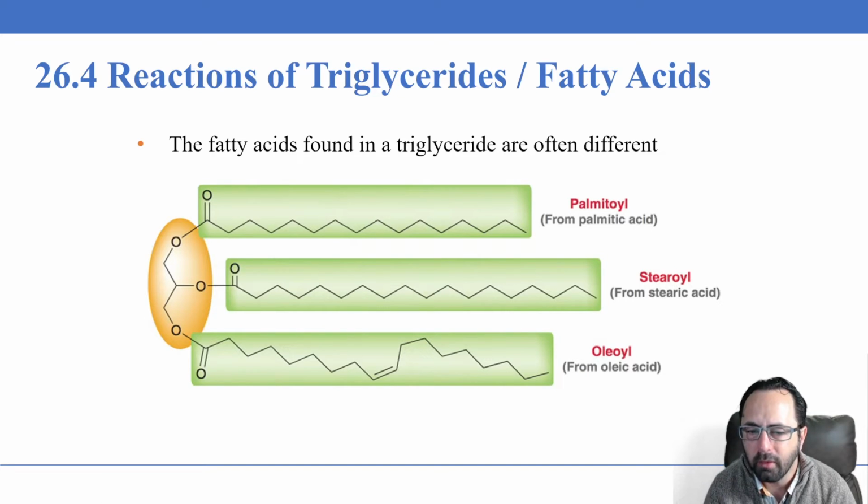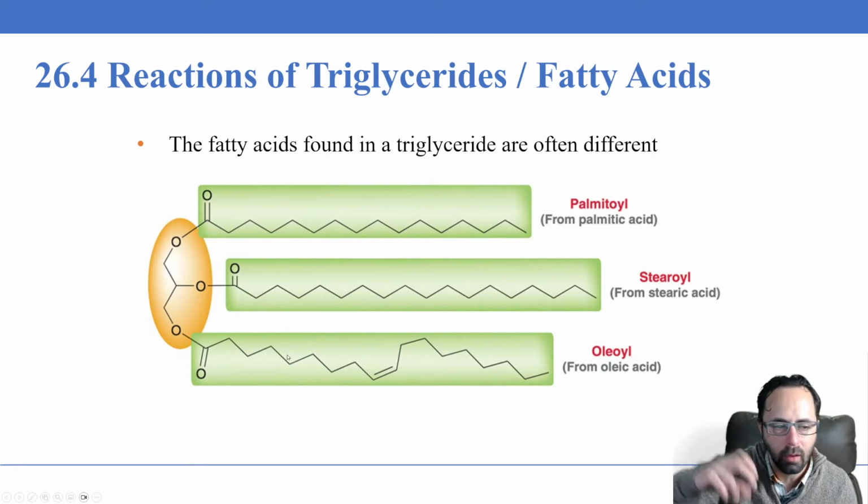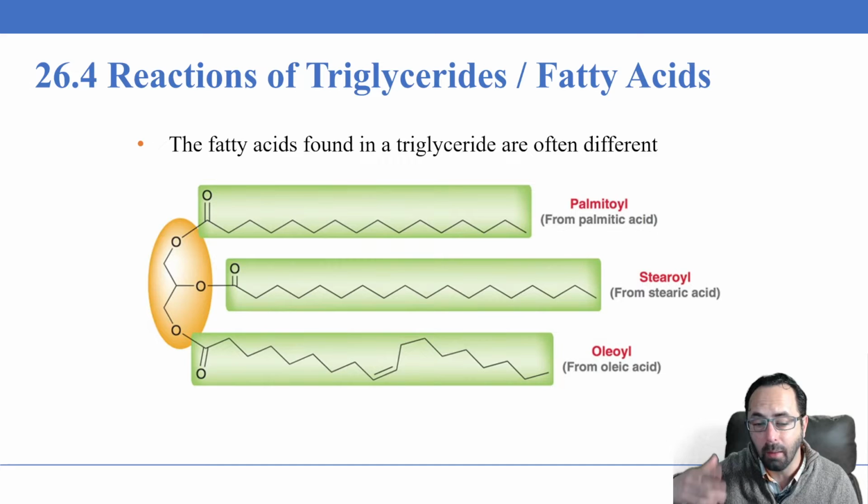So, although we've seen a lot of examples where the fatty acids are all the same on a triglyceride, they don't have to be, nor are they often all the same fatty acid. They'll often be a mixture of fatty acids. So when your body goes to package up the fats that you're eating, it hydrolyzes them into fatty acids if it's going to metabolize them.